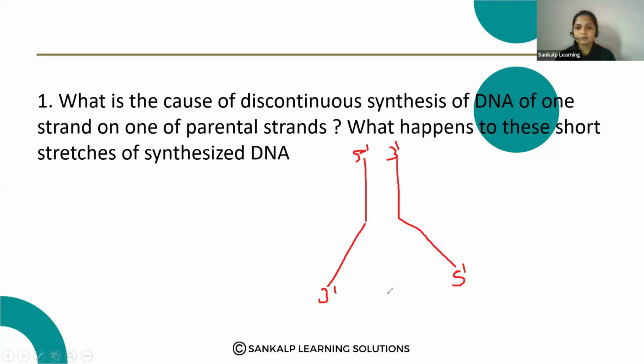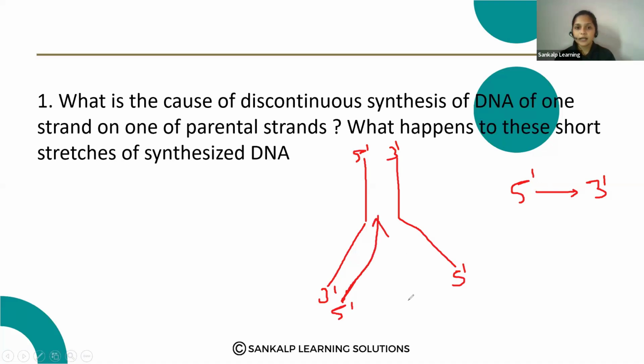Here the DNA replication begins. Always the nucleotides add in the direction of 5 prime to 3 prime, which means the DNA polymerase adds the nucleotides in the 5 prime to 3 prime direction.